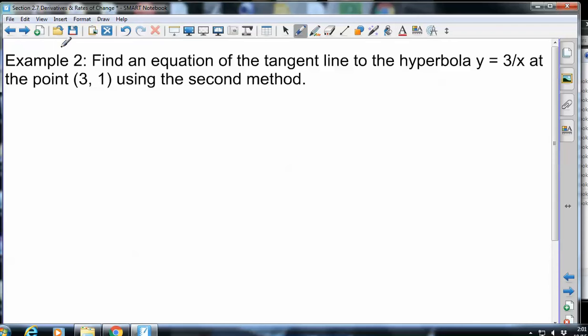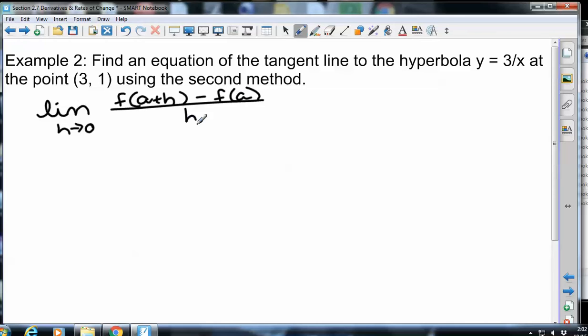So I want the equation of the tangent line to this hyperbola y equals 3 over x at the point 3, 1 using the second method. So the second method is the limit as h approaches 0 of f of a plus h minus f of a all over h.